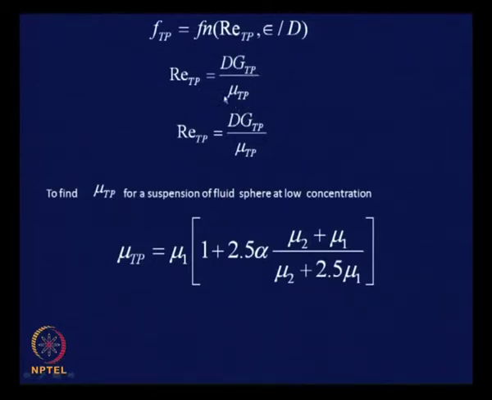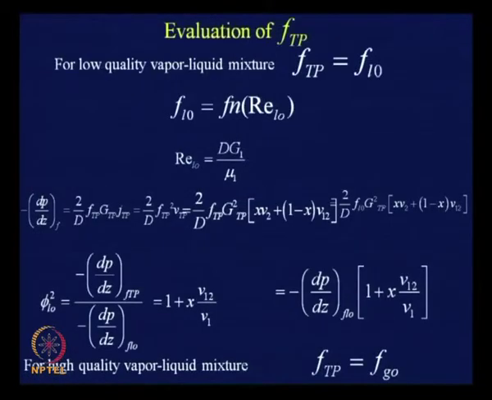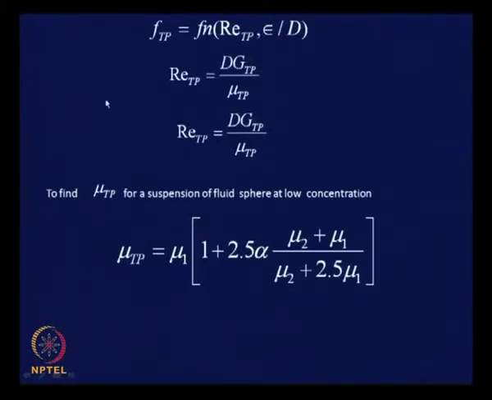This is a much more realistic expression as compared to the previous two expressions. But the problem which arises by expressing FTP as a function of two phase Reynolds number is, the moment we have a two phase Reynolds number, a two phase viscosity has to be defined. So, this two phase viscosity, naturally it has to be a function of the composition of the two phase mixture, is it not?